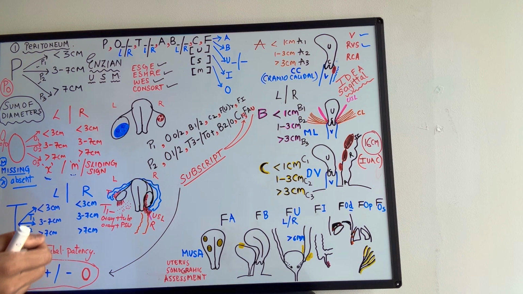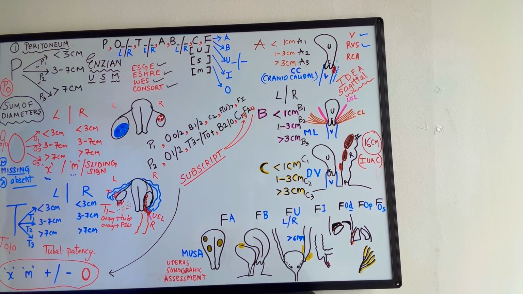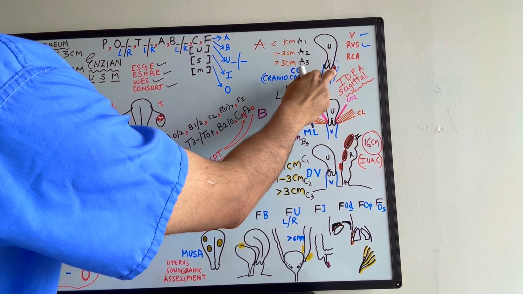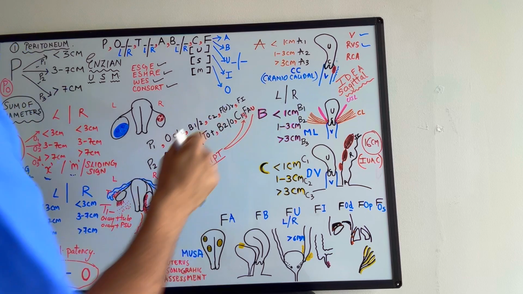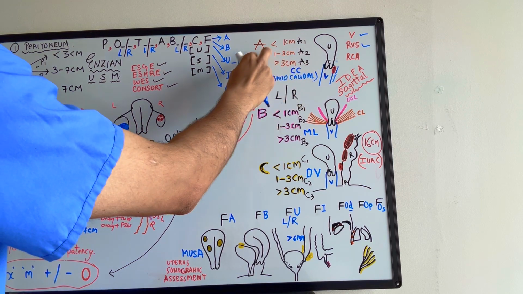It can also be picked up at the time of surgery, but then we'll need to open the retroperitoneum to enter that space. So let's say on the ultrasound scan, there is a nodule at the back of the vagina, also involving the rectovaginal septum. It's measuring around 2 centimeters. So we will classify that lesion as A2.